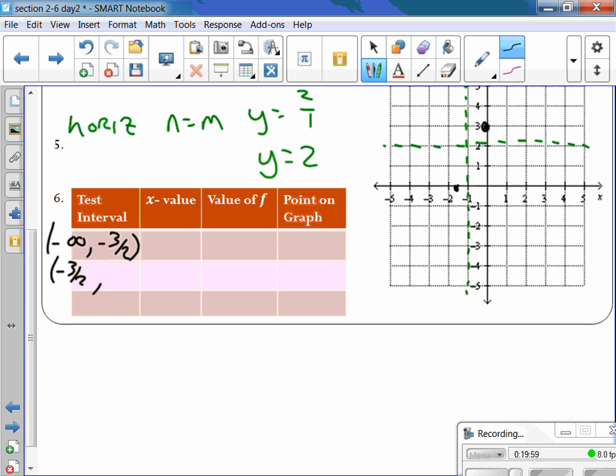Again, using the number line to split up, I want to find a point in between each of my x-intercepts and my vertical asymptote. Well, my x-intercept was -3/2, and my vertical asymptote -1.